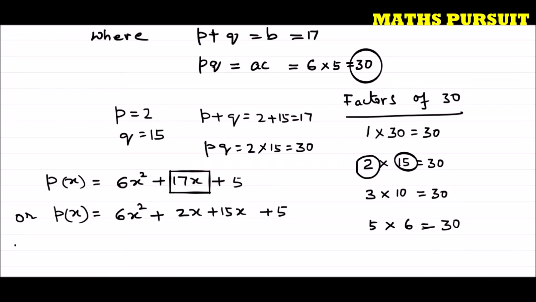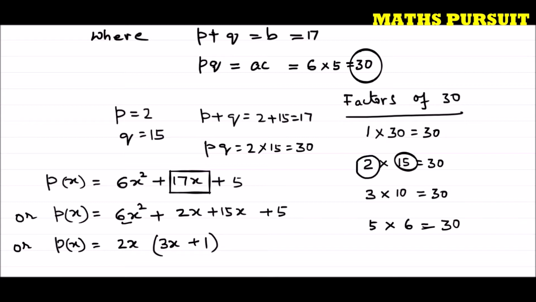Or I can write Px is equal to taking 2x as a common from out of this, I can write 2x into 3x. 2 into 2x into 3x is 6x to the power 2, which is this one, plus 1, 3x plus 1.